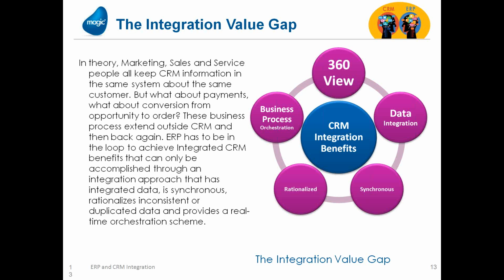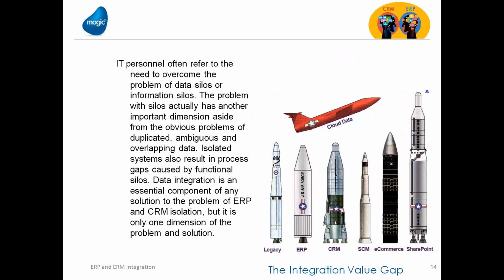So this involves us with a need for data integration, synchronous and asynchronous processes, rationalized information, and a way to orchestrate business processes. Without that, that 360-degree view is threatened because information sits in the ERP system and is unavailable to the CRM system and vice versa.